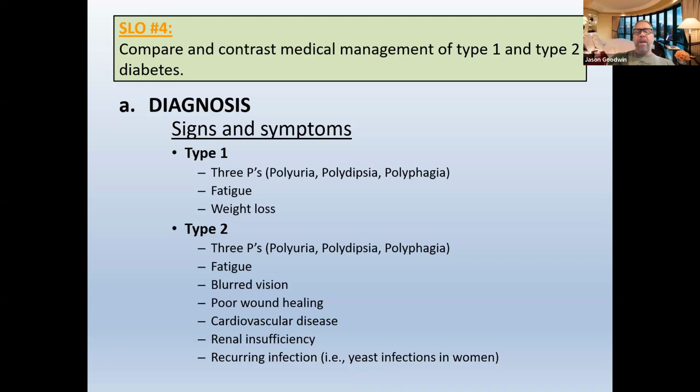And then finally, recurring infections. A lot of times you won't have the ability to fight off infections the way that you once were able to, because this creates an overall reduced efficiency in your ability to manage circulation.